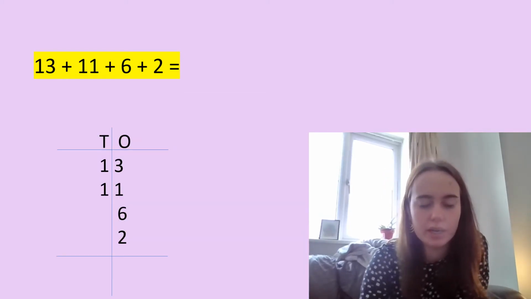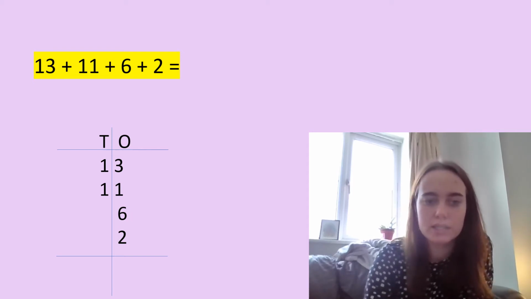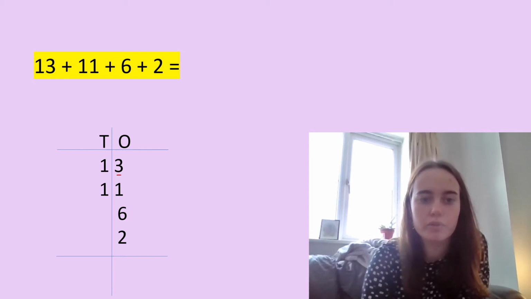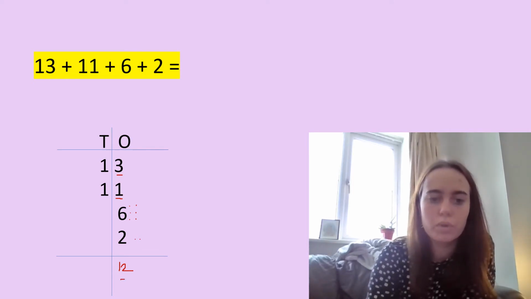And finally, another way of doing this is by adding the ones and then adding the tens. So let's count up the ones. We've got 3, 4, 5, 6, 7, 8, 9, 10, 11, 12. So I've got 12 ones. But to help me, I'm going to draw the ones here.